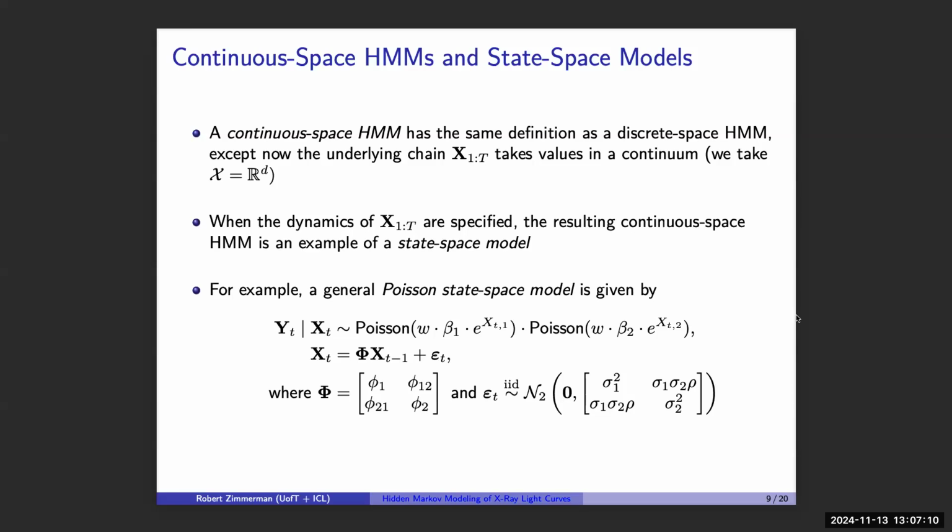But if you fix a single T, then you can think of it as noise, because the current state is given by a deterministic linear function of the previous state, phi times the previous state, plus this epsilon t, which is zero mean. So you could consider it noise. It's more a matter of interpretation than anything else.